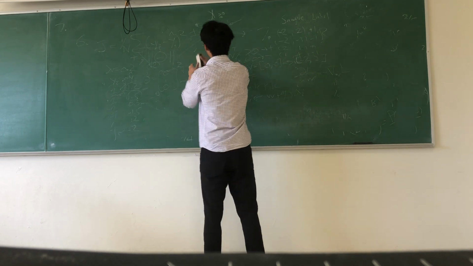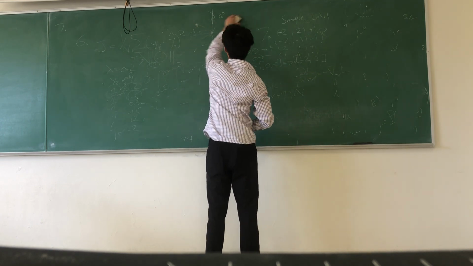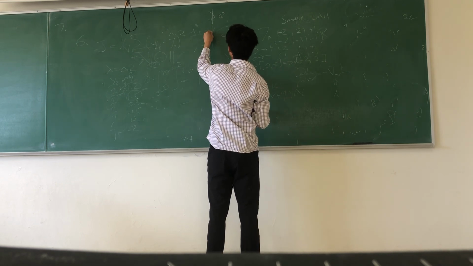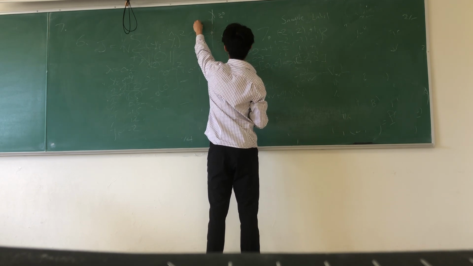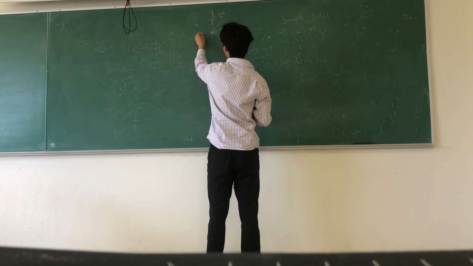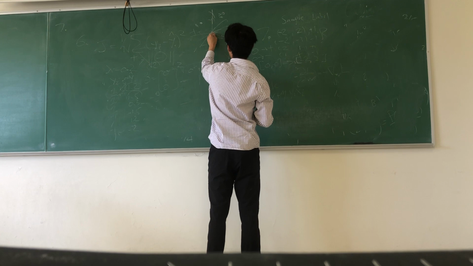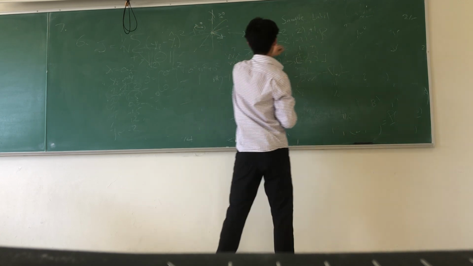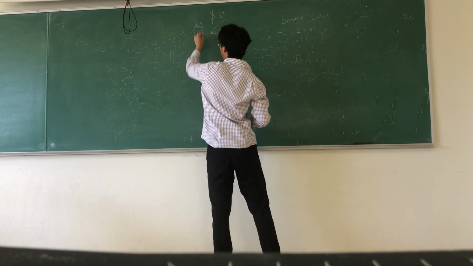So let's make it misclassify. Let's say the vector was pointing this way. This guy thinks that it should be negative, right? But actually the class is positive, so this is misclassified.